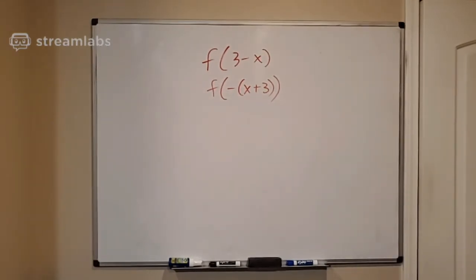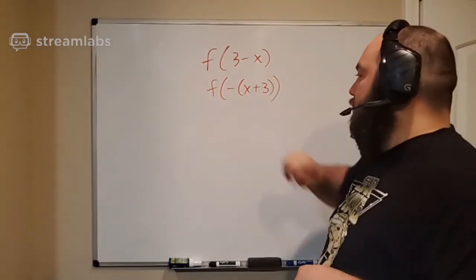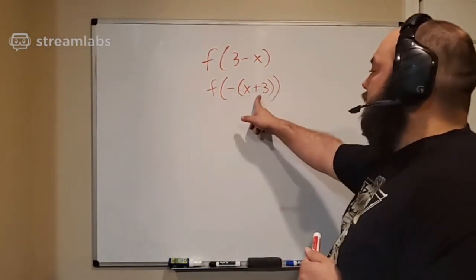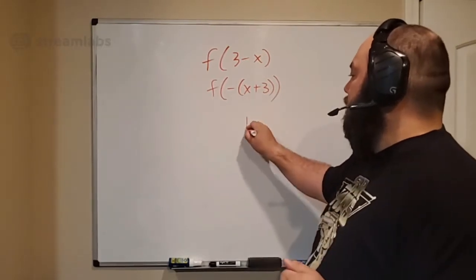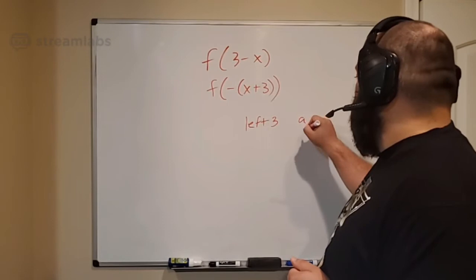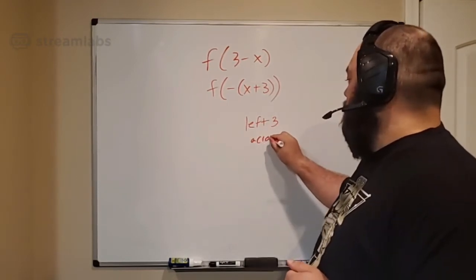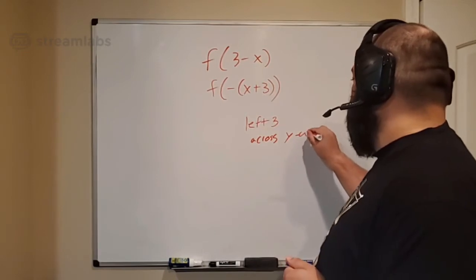And then as you're doing your transformations, you always start with your adding or subtracting and then do your multiplication. So do the add or subtract first. So this is a shift left 3, and then a reflection across the y-axis. That would be the easier way and the preferred way of doing it.